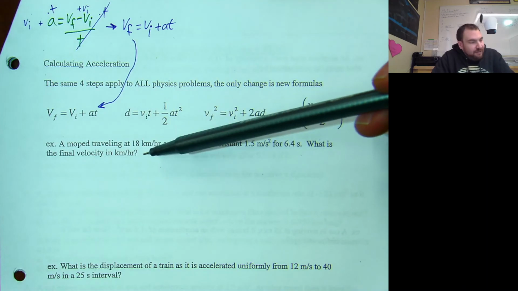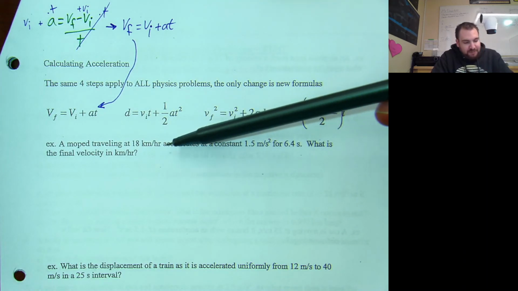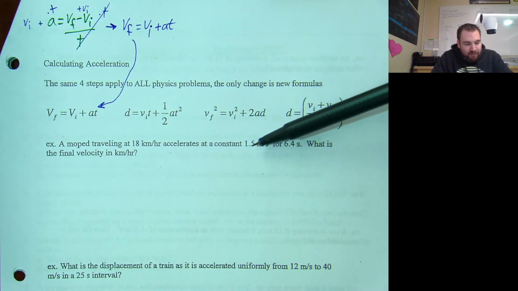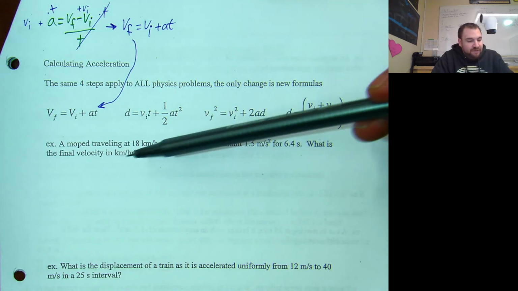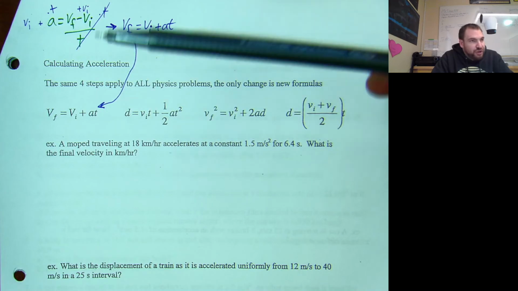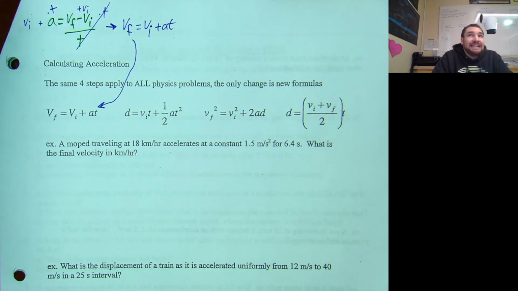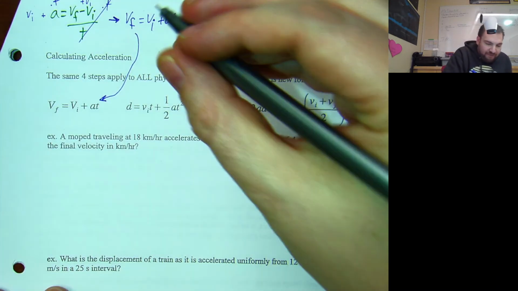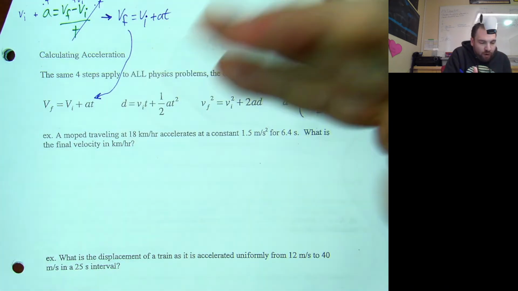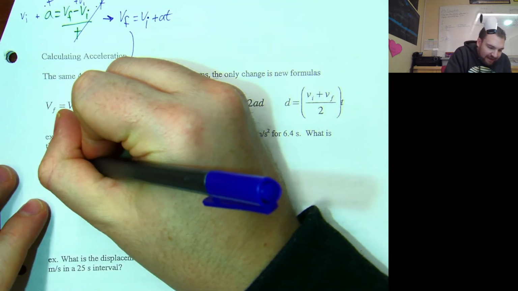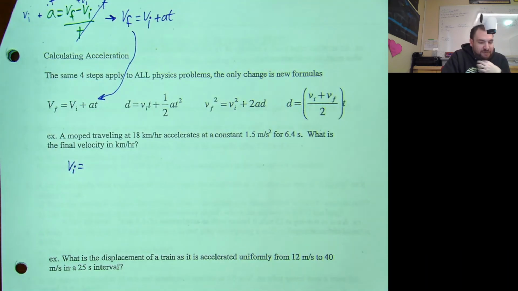A moped traveling at 18 kilometers per hour accelerates at a 1.5 meter per second squared acceleration for 6.4 seconds. What is the final velocity in kilometers per hour? So the procedure is exactly the same for what we've done before. I want to see you do it. So write out what we know. Initially, how fast was our moped traveling?